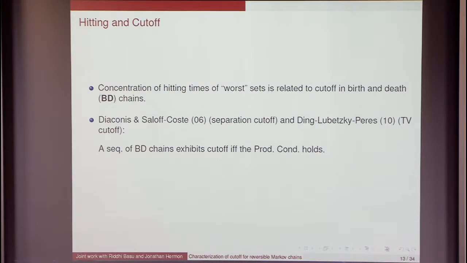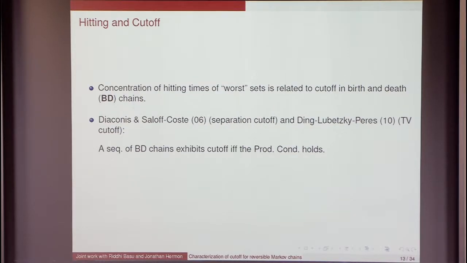So this general question I mentioned was first understood in the very simple case of birth and death chains. A birth and death chain is just a nearest neighbor random walk on a path, but we're allowing arbitrary transition probabilities. They're only to neighbors. And remember, we're making it always lazy to avoid periodicity. So this is a birth and death chain, really a special kind of chain.